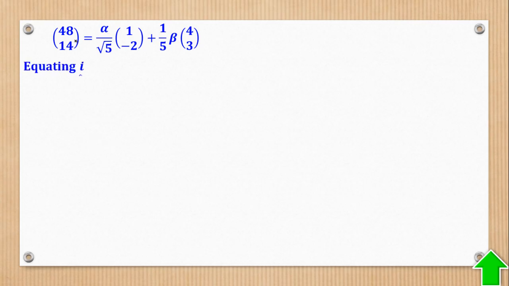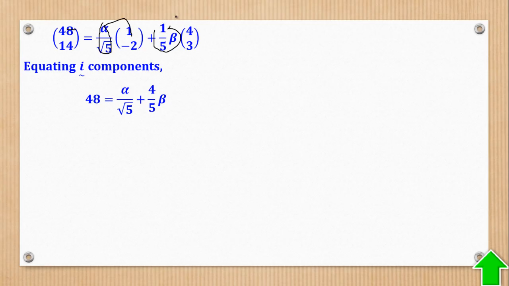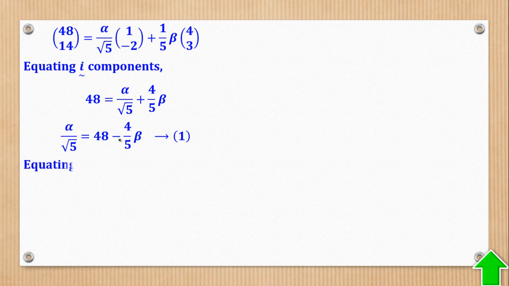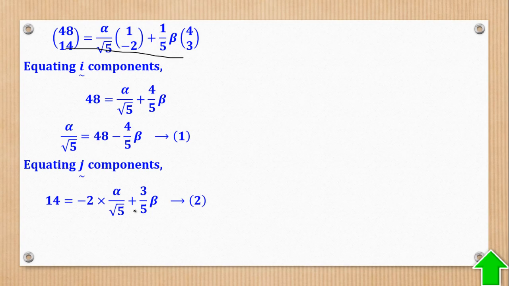I can equate the I component and also the J component alone. The I component means this upper one. This upper one will be equal to this times that plus this times this, to give us equation 1. Do the same for the J component, this lower part. You come up with that, which is equation 2.